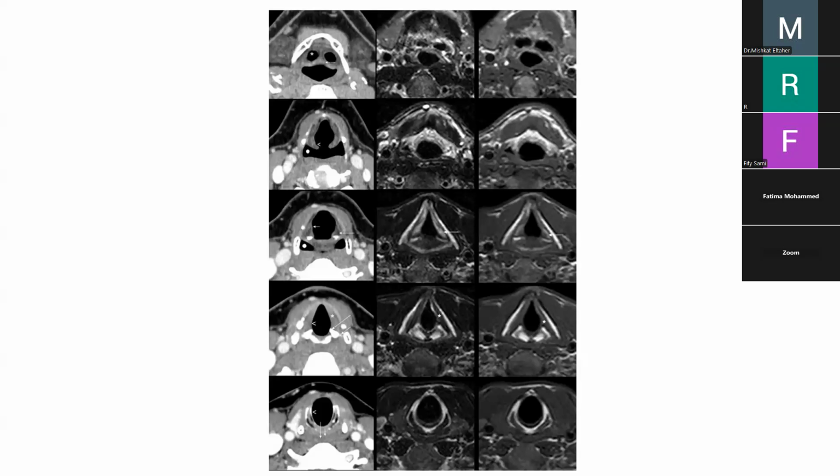Okay. The fourth row shows the level of the true vocal cords, which attach to the arytenoid. That long arrow points to the arytenoid. Note the cricoarytenoid junction and the thyroarytenoid muscle.